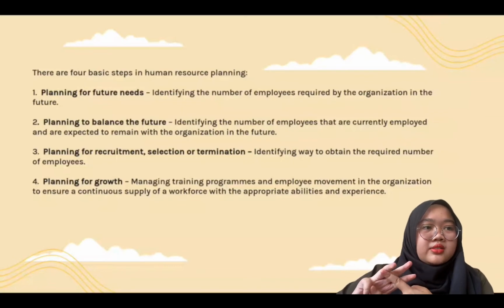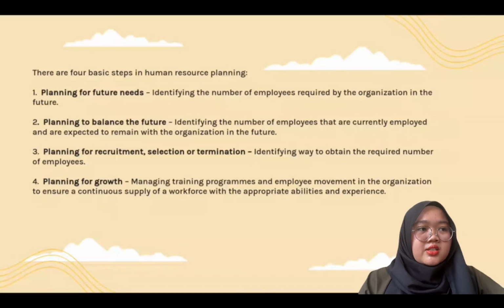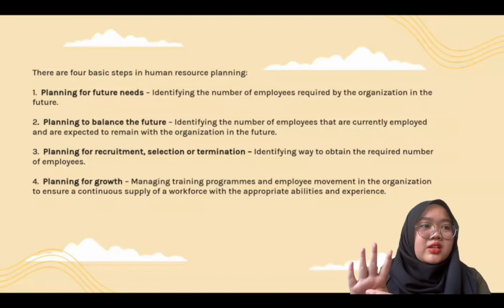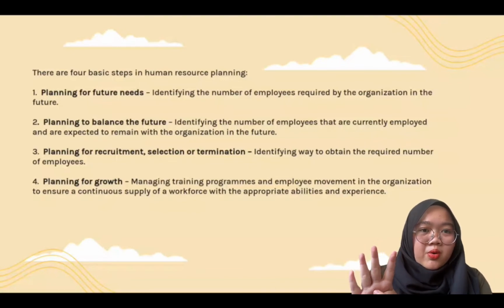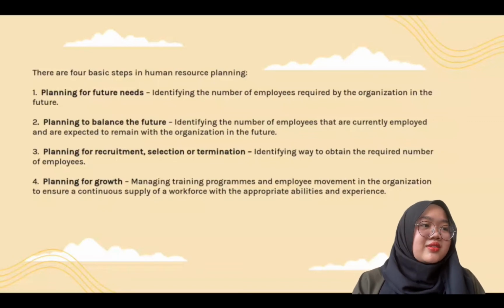And the third one, planning for required selection determinations, which is identifying what to obtain and the required number of employees. And the last one is planning for growth, managing training programmes and employee movements in the organization to ensure a continuous supply of a workforce with the appropriate abilities and experience.